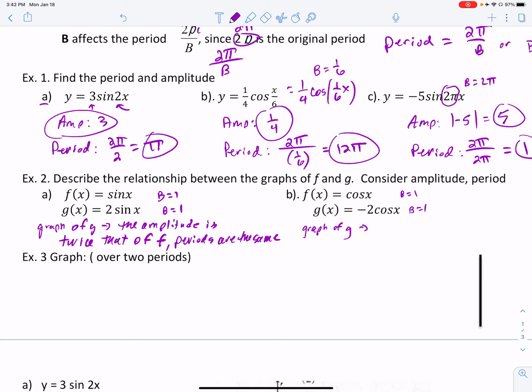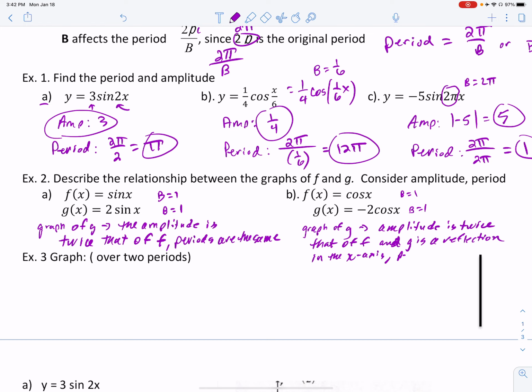So the amplitude of G is twice that of f, and G is a reflection in the x-axis. And the periods are the same.